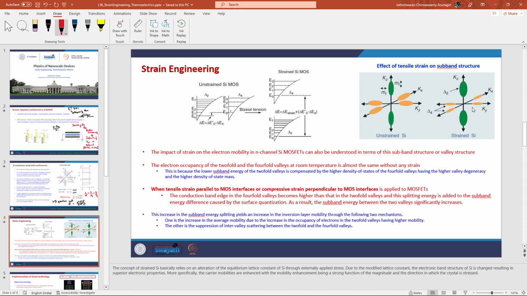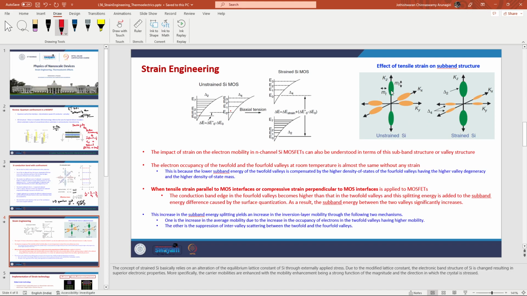Because of the presence of strain, some of these confined energy levels have a different spacing and a different characteristic, and the others have a different spacing and a different characteristic. So an electron can not only move among these energy levels, they can also jump from here to here. So we have intervalley transitions, and this was also true in the previous case.